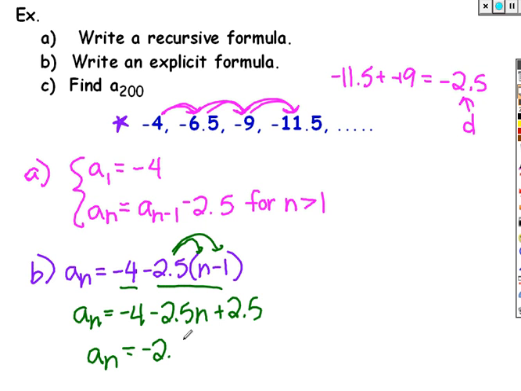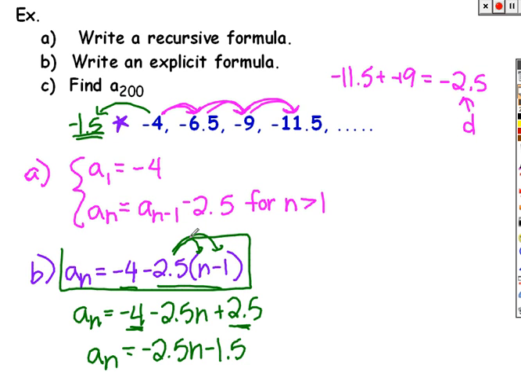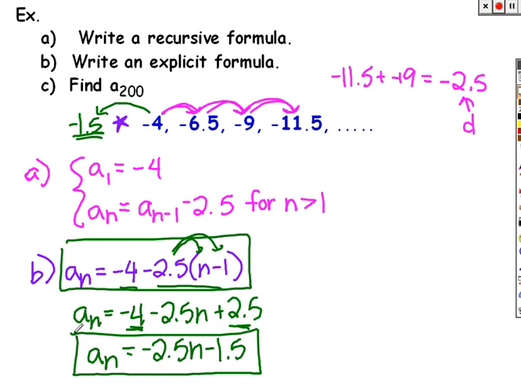That's like your slope, your rate of change. And then if you add these terms, you'd get like the a sub 0 term, where if I went back 2.5, that a sub 0 term would be negative 1.5. That'd be like the y-intercept of y equals mx plus b. So either this or this would be perfectly acceptable for the explicit formula.